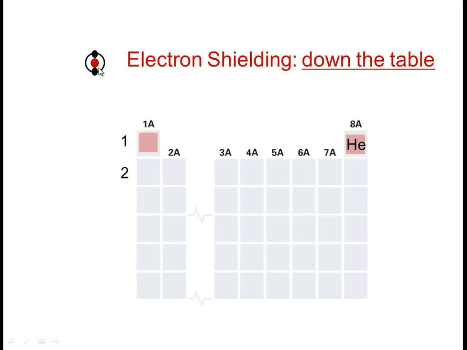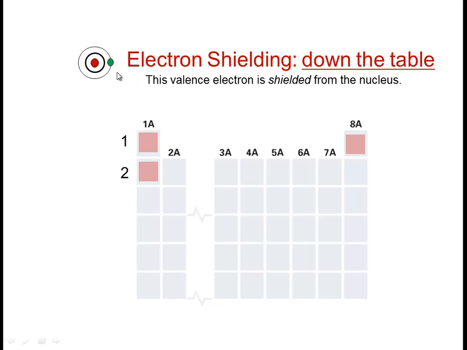Okay, well, let's start with helium. So here's helium, 2 electrons right here. Okay, and here I was showing the 2 electrons explicitly. Now they're just implicit in that first shell. And then when we go to period 2 and we add the 3rd electron, now you could say that that valence electron is shielded from the nucleus.